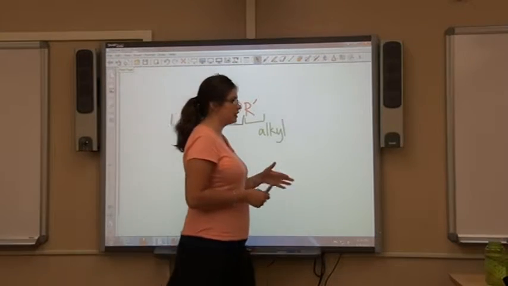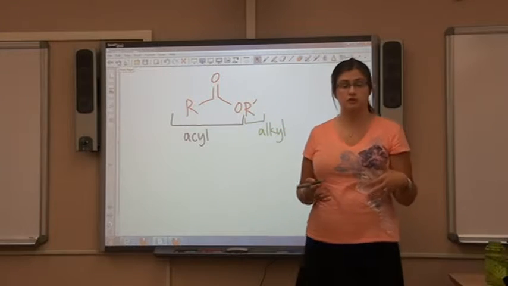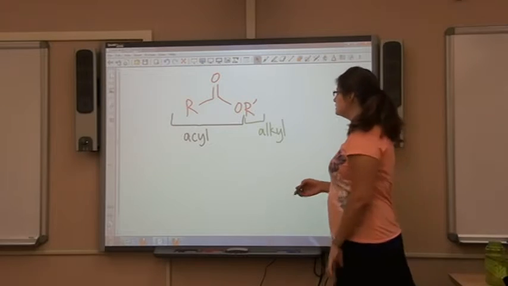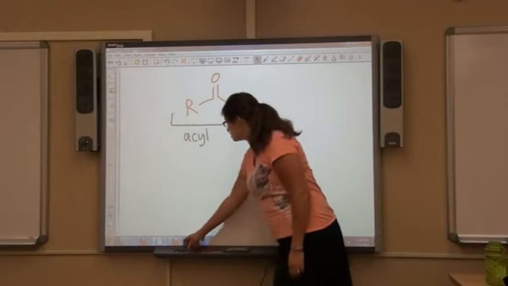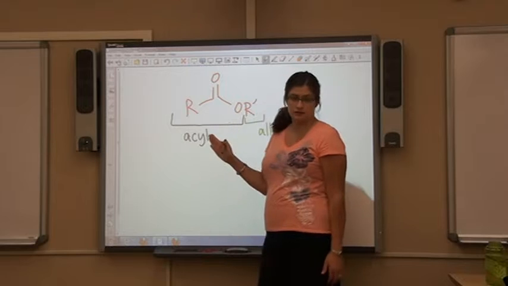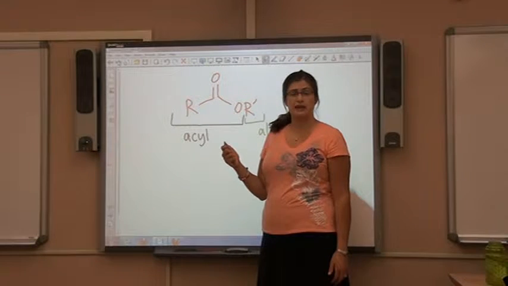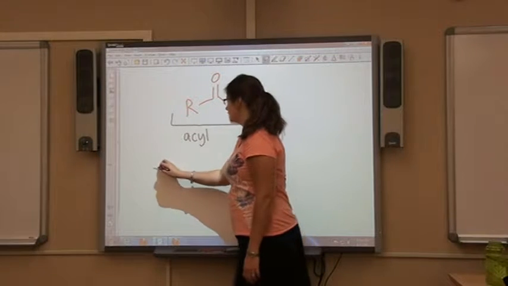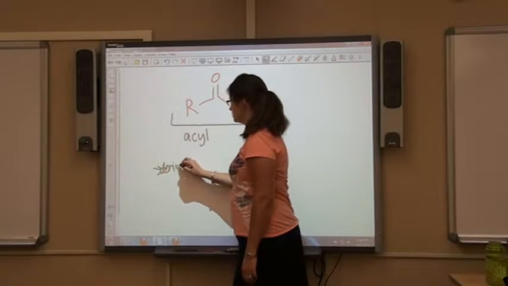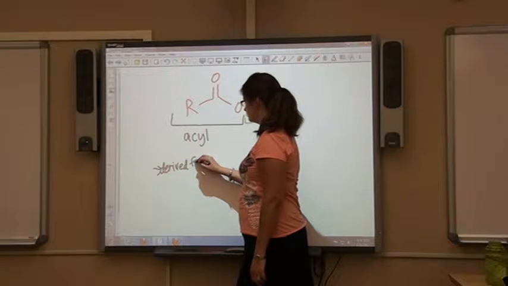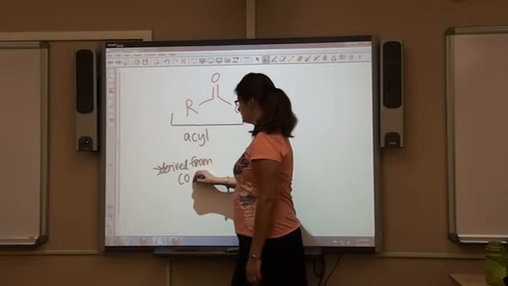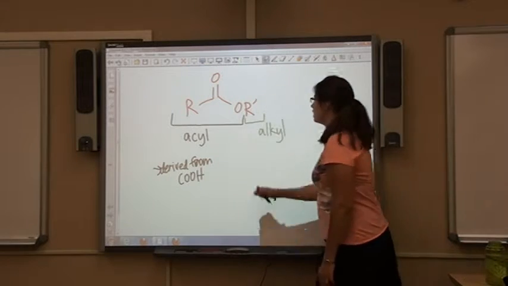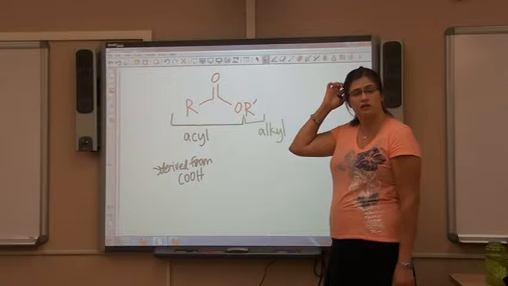Okay, so these two parts of the ester compound are called different things. This black group here is known as the acyl, A-C-Y-L, pronounced acyl, part of your compound. This is the part that's derived exactly from your carboxylic acid. R prime then is what we call the alkyl group.